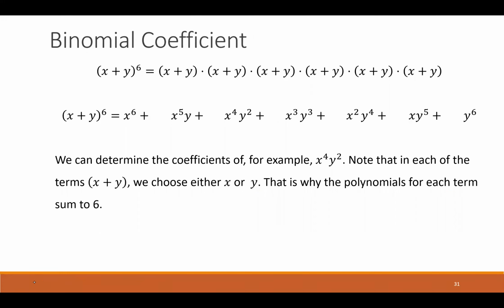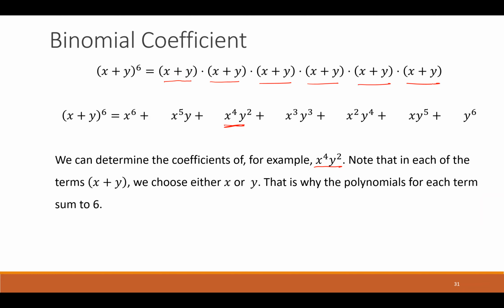Let's say we want the coefficient of x to the 4th y squared, this term here. When we multiply these factors out, how many ways can I get x to the 4th y squared? Each term basically takes a variable from one of these factors.